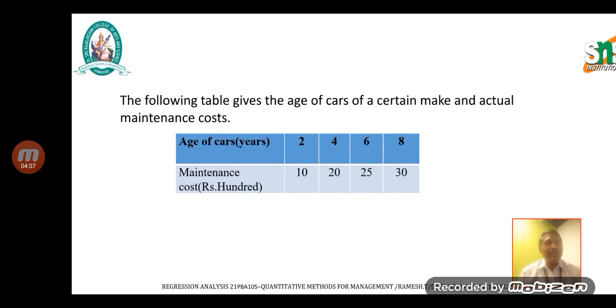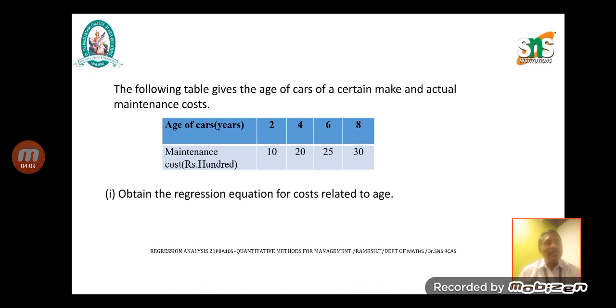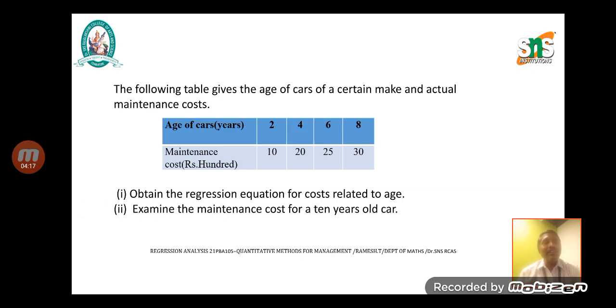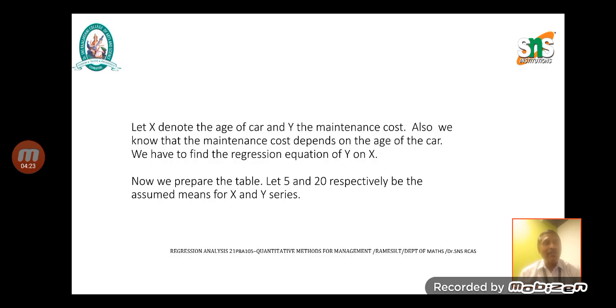So these are all given. Now we obtain the regression equation for cost related to age, and next we estimate the maintenance cost for a 10 year old car. Okay, we got the problem.